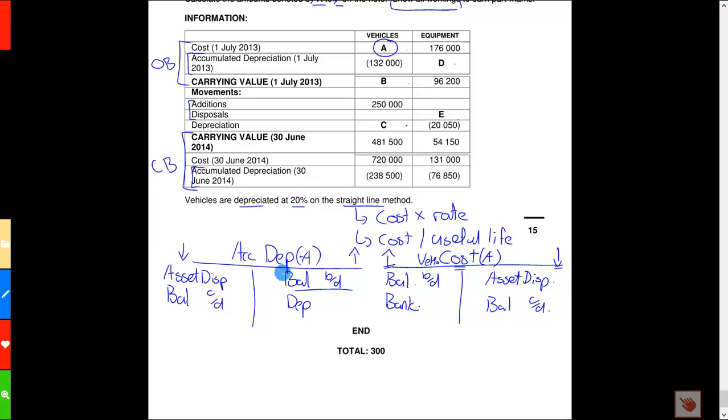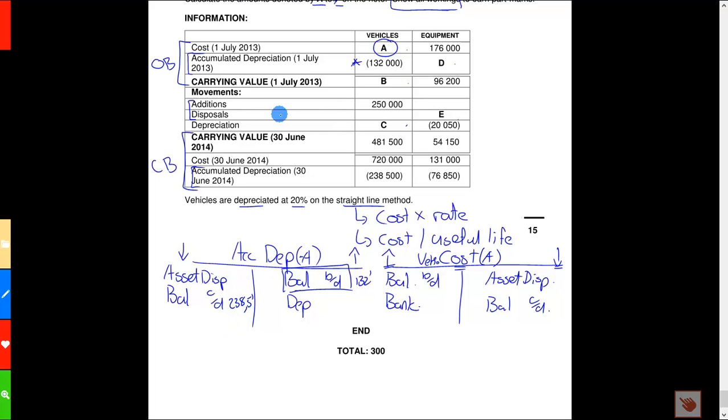The note shows the opening balance on accumulated depreciation, which is this amount here, 132,000. The closing balance is 238,500.